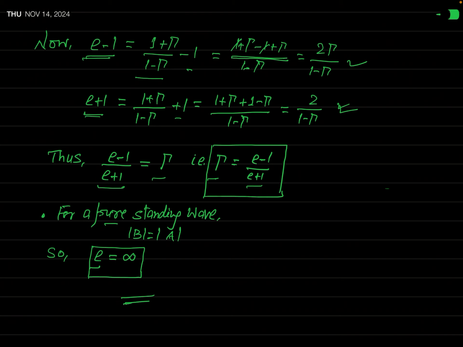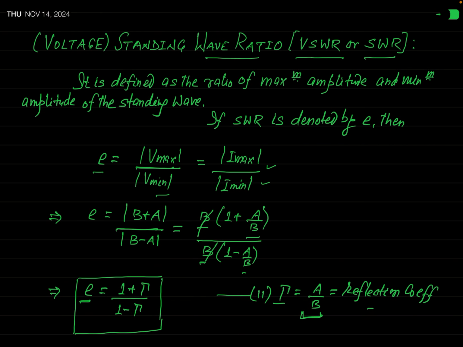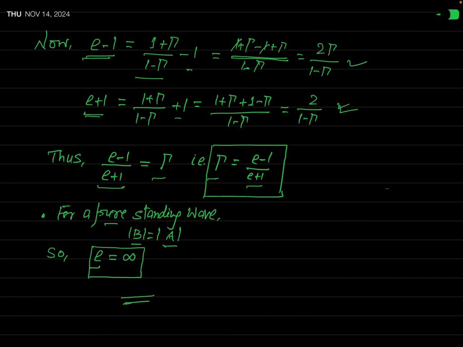When you talk about a pure standing wave, then modulus of B will be equal to modulus of A. When B and A are equal, the denominator will be 0, and so e will be equal to mod of 2B divided by 0, and that will be infinity. So for a pure standing wave, the value of SWR is equal to infinity.